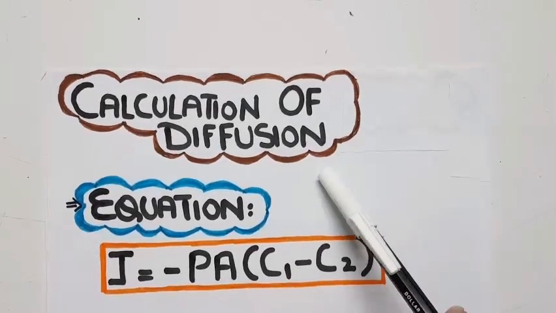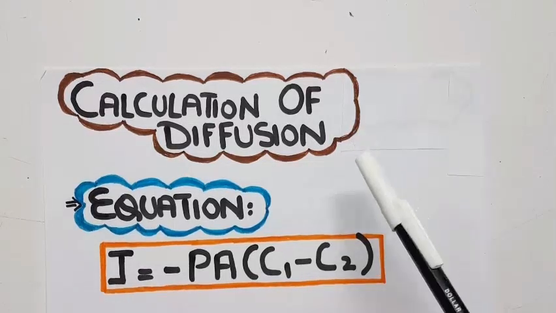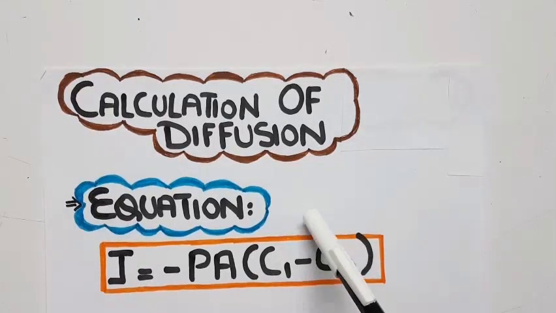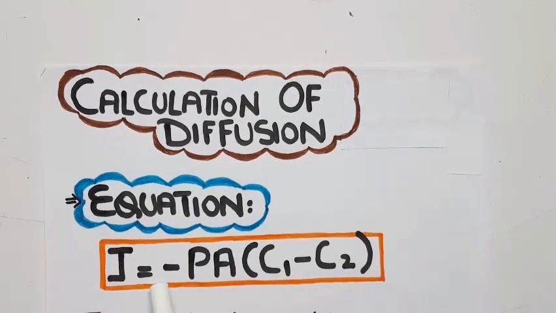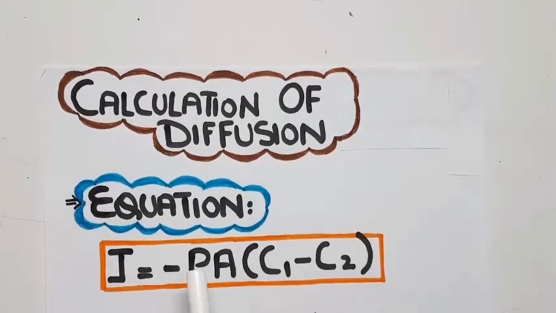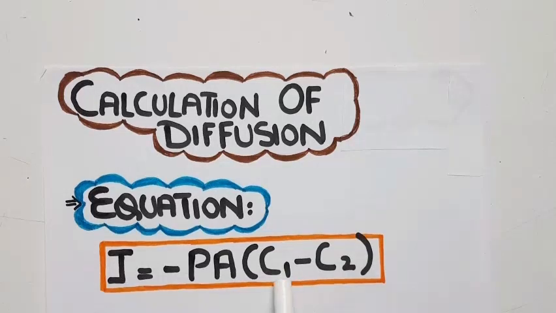Calculation of diffusion. For calculation of diffusion, we have an equation, which is J equals minus PA (C1 minus C2).